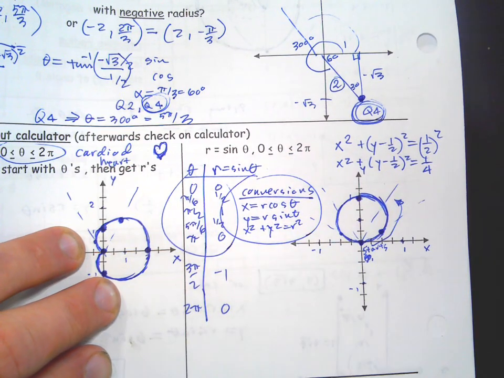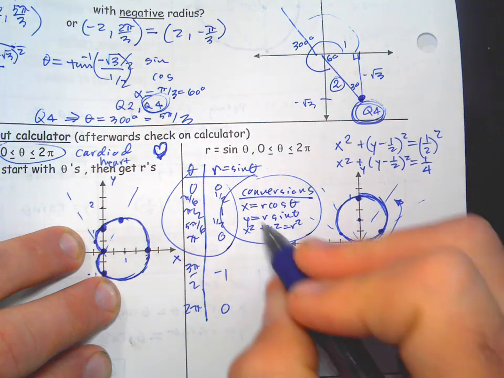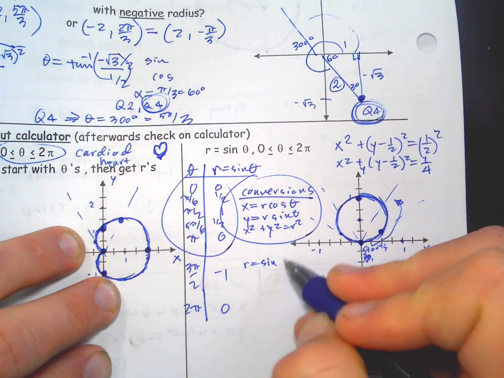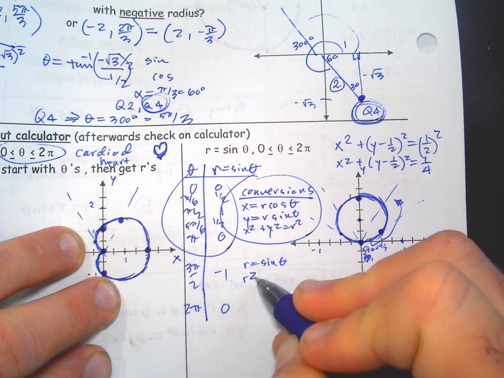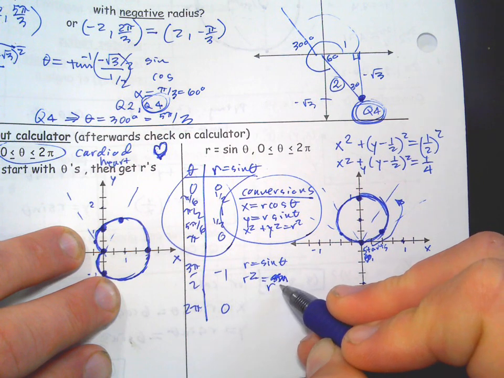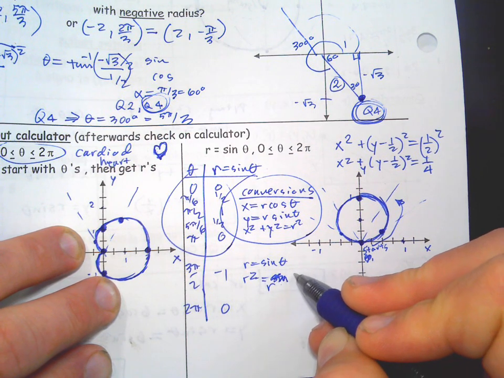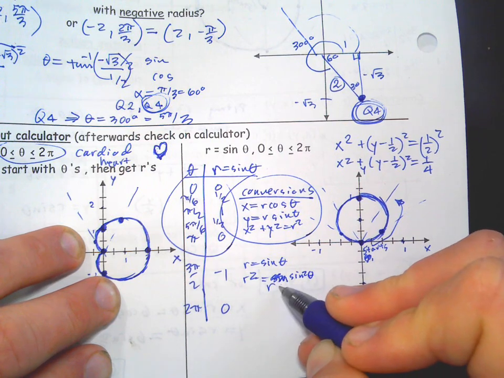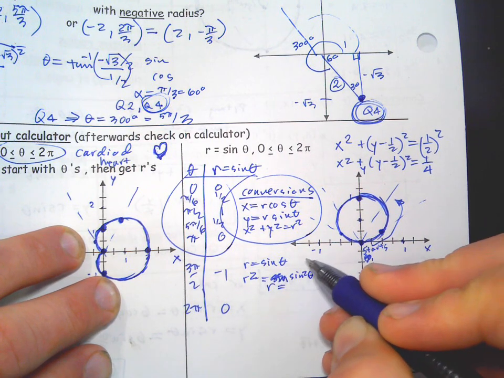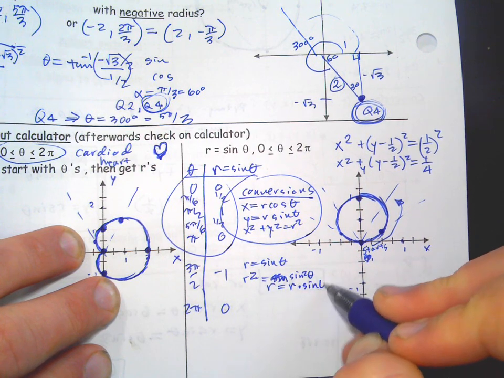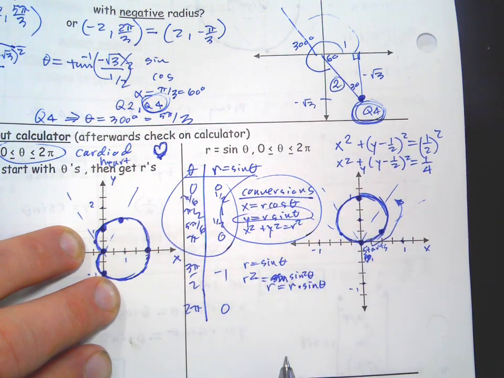We use these a lot. In this case, r equals sine theta, right? So r squared would equal r times r, and so it would be r times sine theta, which you'll notice is your y value.